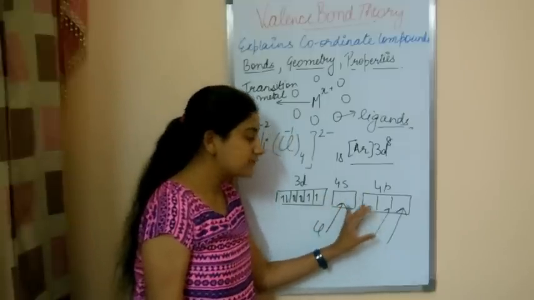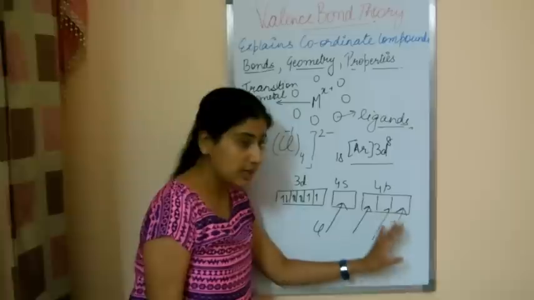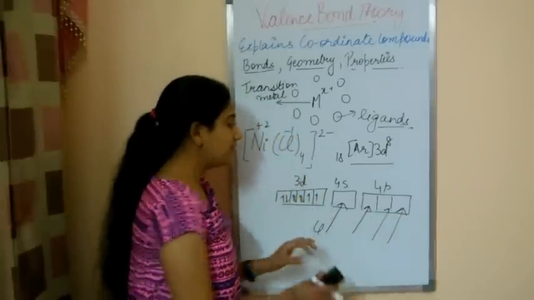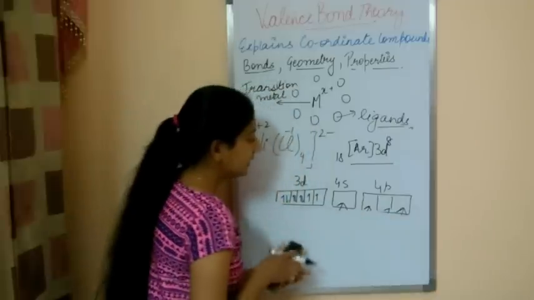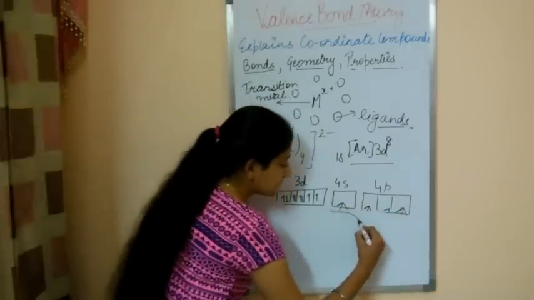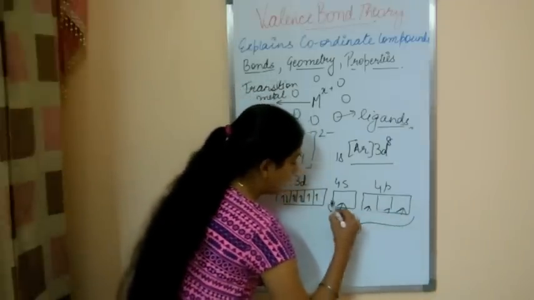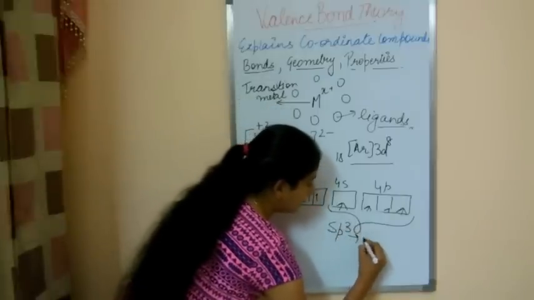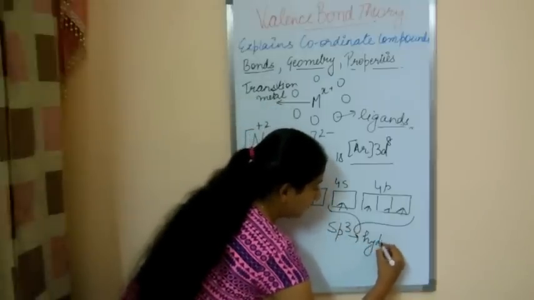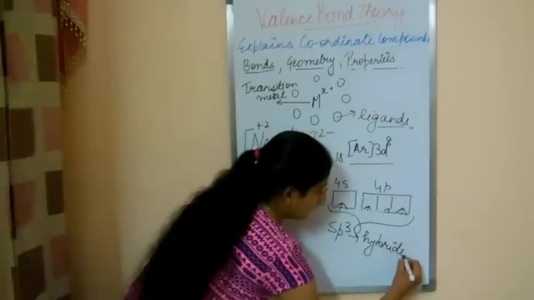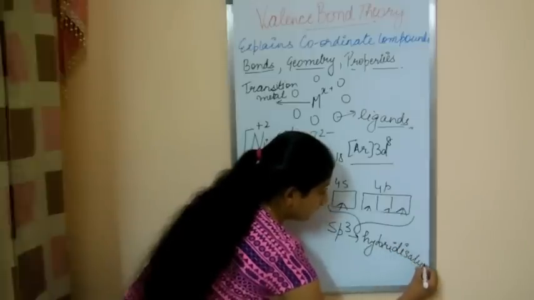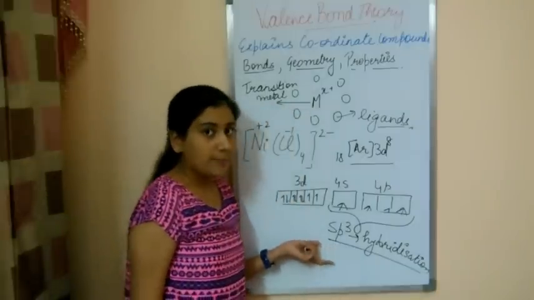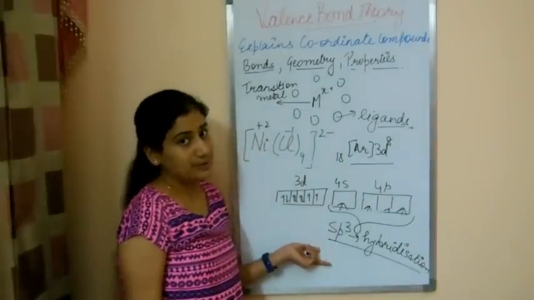And these orbitals of the same shape are going to overlap with these chloride ions. So what will happen here? If we see 1 s and 3 p orbitals, that means sp3 hybridization is going to occur. And we know that sp3 hybridization means tetrahedral geometry.